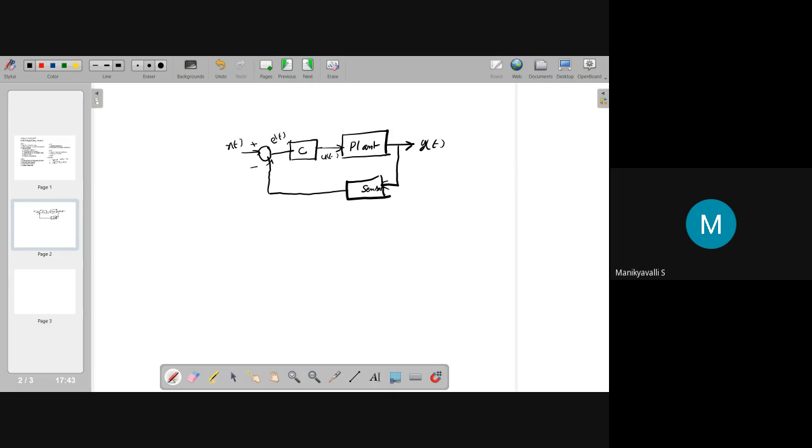So these are the signals you typically encounter in a control loop: the reference signal, the error signal, which is the difference between the reference signal and the actual output signal, and then the controller signal, which actuates the plant in order to behave in a desired way. Other than these, disturbances also enter into the system.